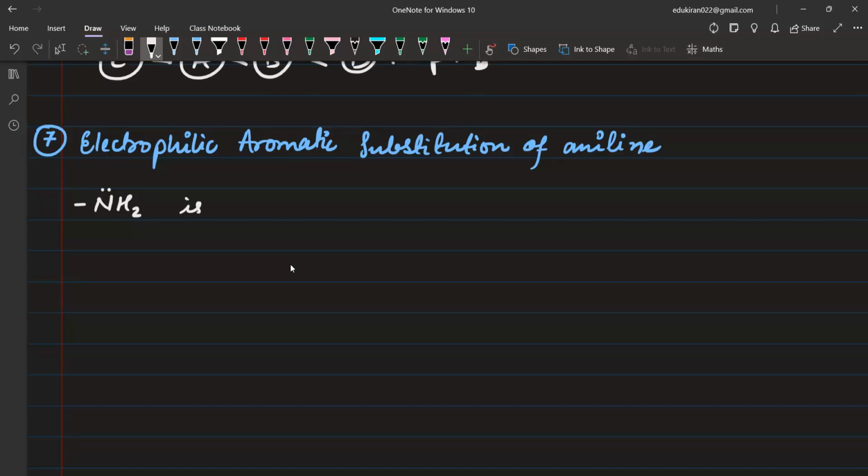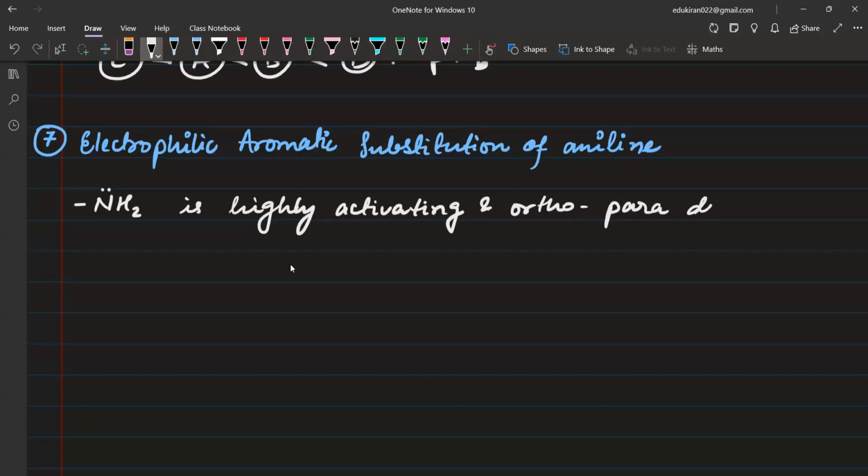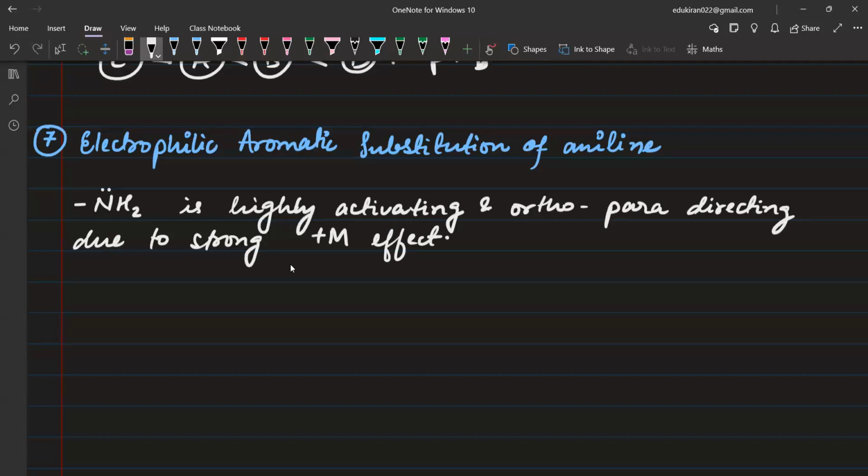NH2 is highly activating and ortho para directing due to strong plus M effect. ठीक है, so it is going to give you ortho and para substituted products.